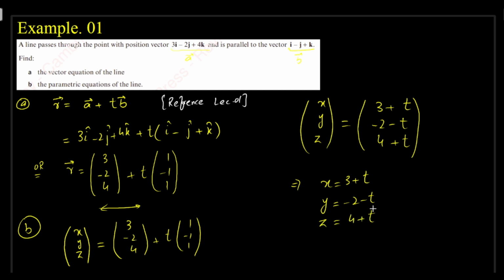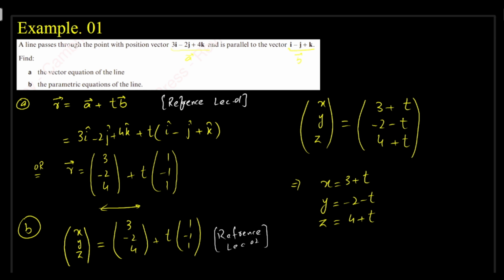So these are the required parametric equations of the line. Well, reference for this part B is lecture number 2. In lecture 2, we already discussed how to write the parametric equations of a line.